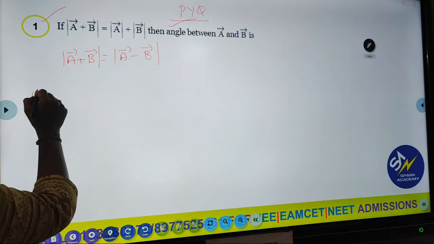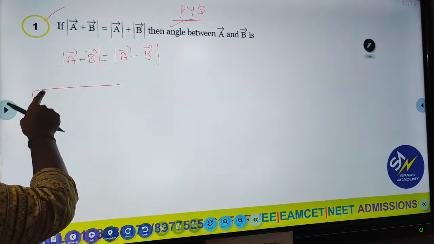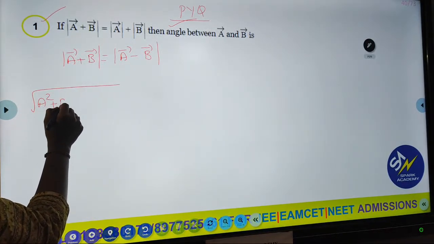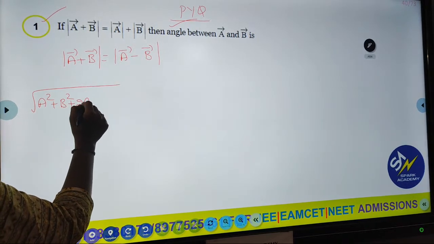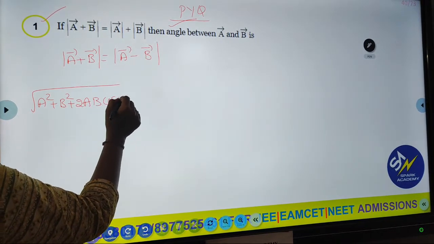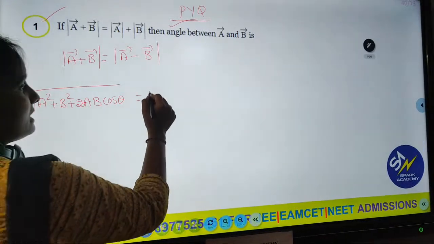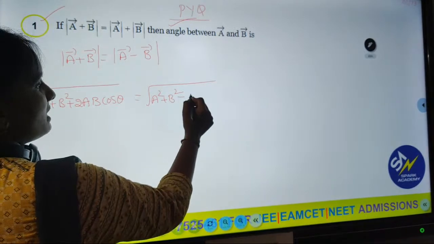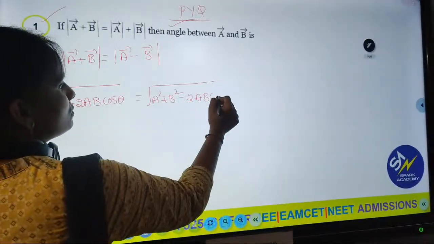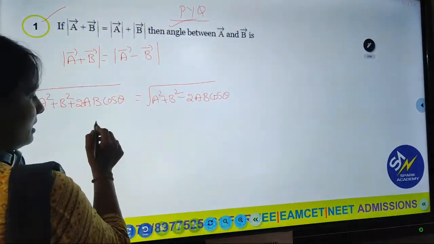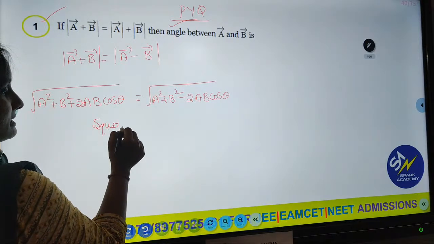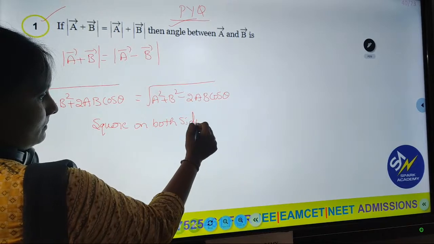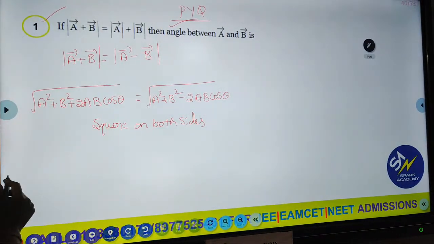So you just apply the magnitude of resultant of these two vectors: square root of A square plus B square plus 2AB cos theta is equal to square root of A square plus B square minus 2AB cos theta. You can square on both sides. Root gets cancelled.